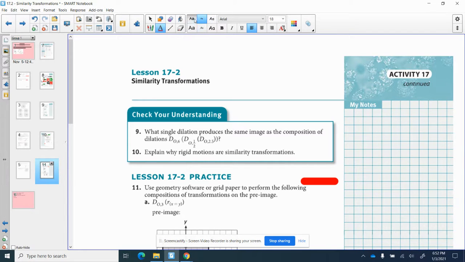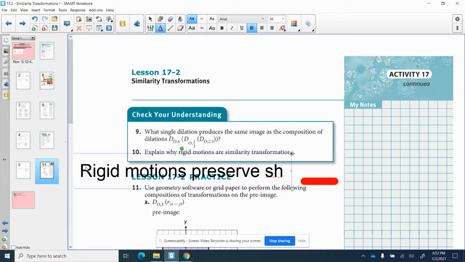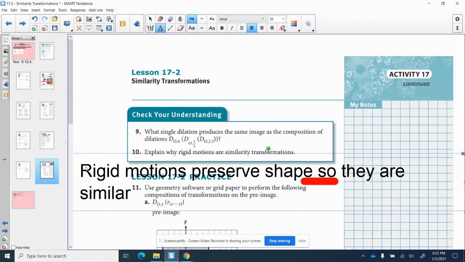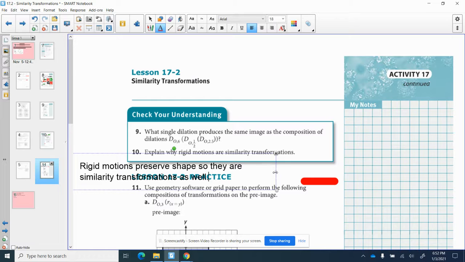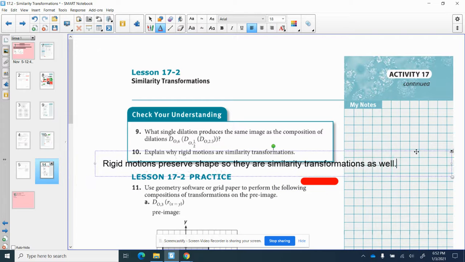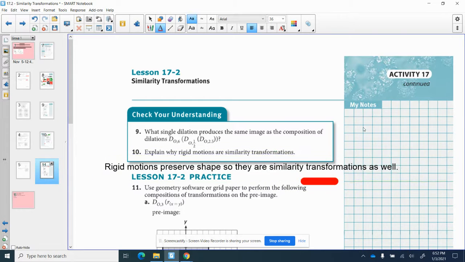Well, they are considered similarity transformations because rigid motions, which we talked a lot about earlier this year, preserve the shape, so they are similarity transformations as well. So it's a very important fact that they keep that shape the same because then it's also going to put it in the category of similarity, even though they also don't change the size, okay?